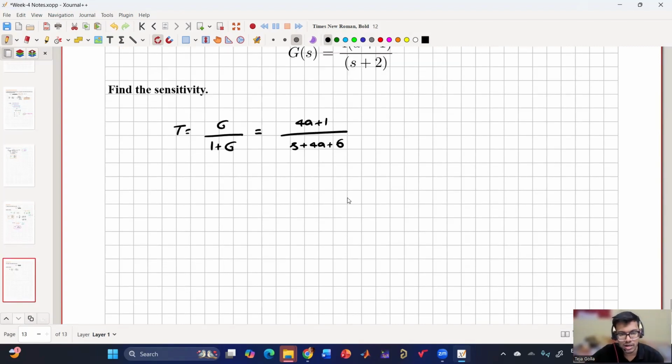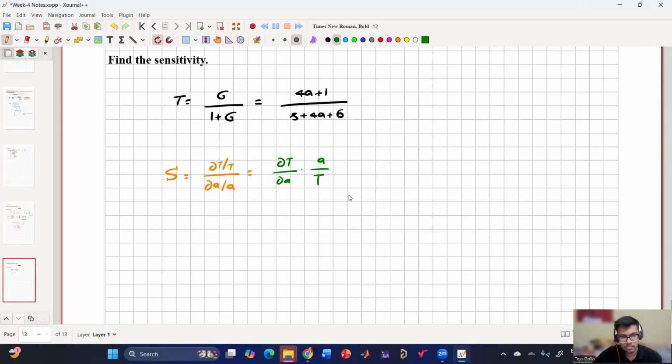Now sensitivity is defined as dou T by T by dou A by A. So I'll be differentiating dou T with respect to A into A by T. If I have T is equal to F1 of A by F2 of A, I will get the formula: dou T by dou A is F2 into F1 dash minus F1 into F2 dash by F2 square.